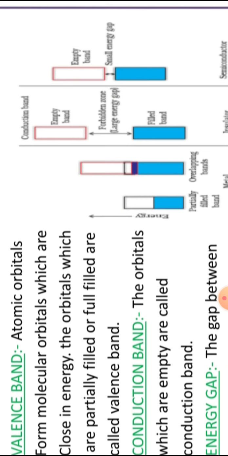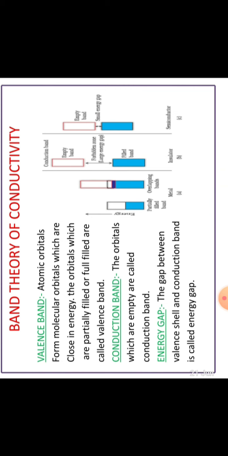Okay, so this was the band theory. So again, a quick revision on band theory. According to band theory, partially filled orbitals or full filled orbitals are known as valence band. The empty orbitals are called conduction band, and the distance between valence band and conduction band is energy gap. In case of metal, energy gap is very small, so electrons can jump from valence band to conduction band, thus they can conduct electricity very easily.